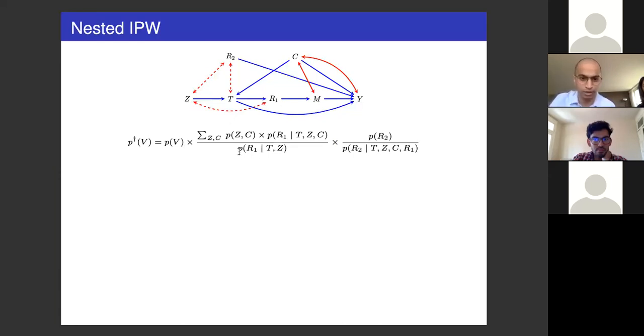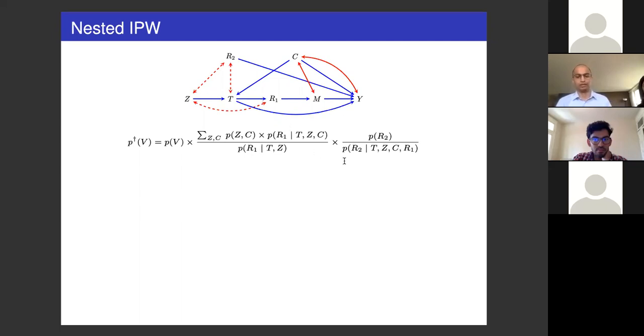In the denominator, it's just a simple conditional of R1 given its Markov pillow, so it's R1 given T and Z. We divide that away, and then we re-multiply by this strange distribution here. It looks strange because it's actually a post-intervention distribution, in particular one where we've intervened on everything outside of R1.